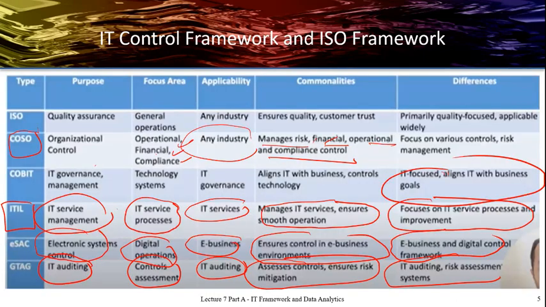Operational, financial, and compliance. Now, when an organization gets bigger, what is lost is the control. And people play politics. What is politics? People act for their own benefit rather than the organizational benefit. In such a situation, you are losing organizational control.